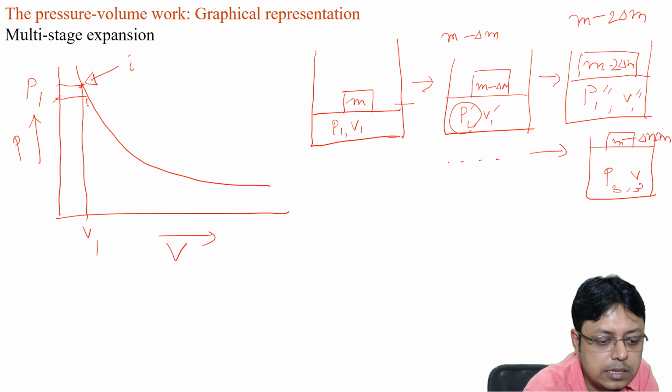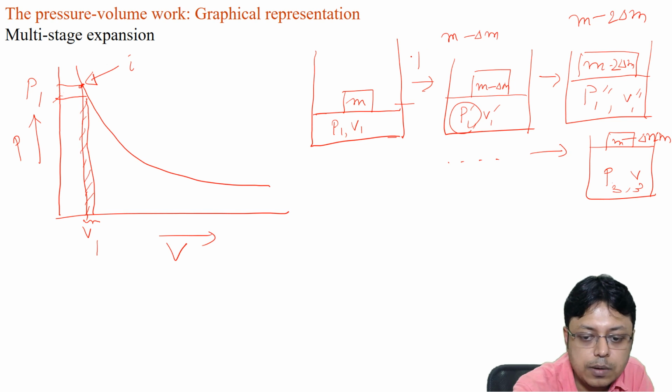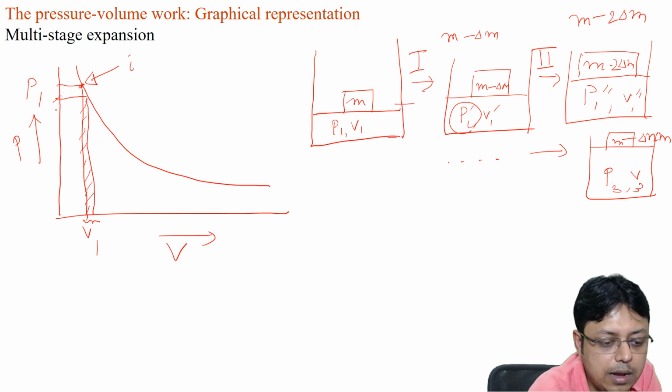So the gas will expand a little bit, which is this much amount. So the work done will be the area under the curve. This was step number 1. In step number 2, we are again reducing the external pressure a little bit, so the gas will again expand and do some work.